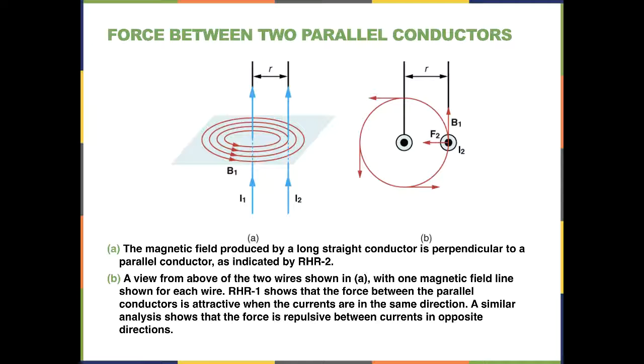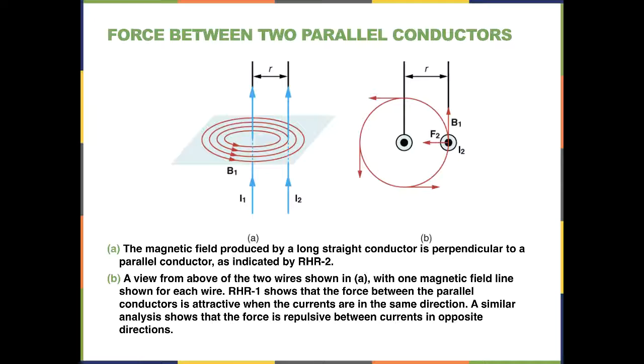So if you view it from above, which is B, the magnetic lines from each wire are such that in parallel conductors they're attractive because the currents are in the same direction, and the forces will be repulsive if the currents are in opposite direction in these two parallel conductors.